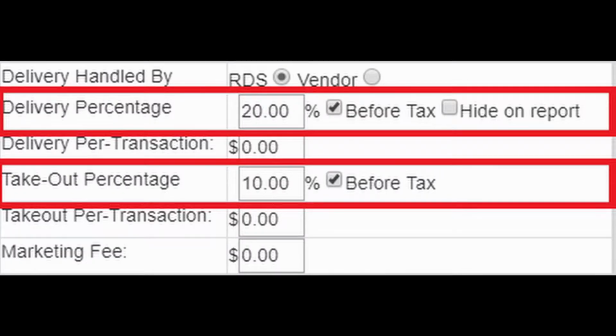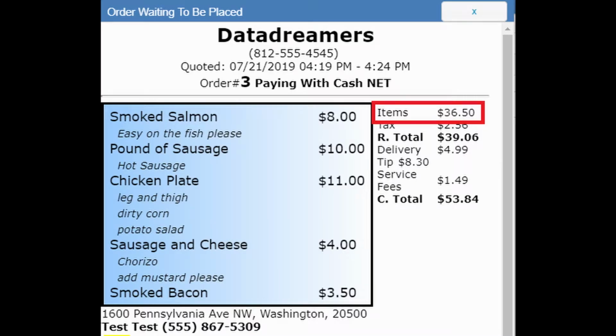So starting with the percentages, you have delivery percentage and takeout percentage. These act the exact same, except they act on either a delivery order or a takeout order. And they both take from the food total that the restaurant receives.